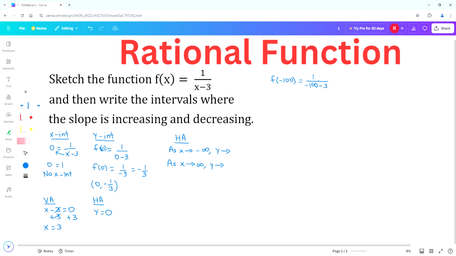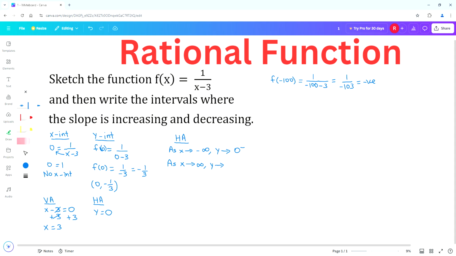Negative 100 minus 3 is equal to negative 103. The value of this fraction is negative. Since a negative value is less than 0, therefore the function approaches the horizontal asymptote from below. We are doing the comparison with 0 because the horizontal asymptote is at y equals 0.